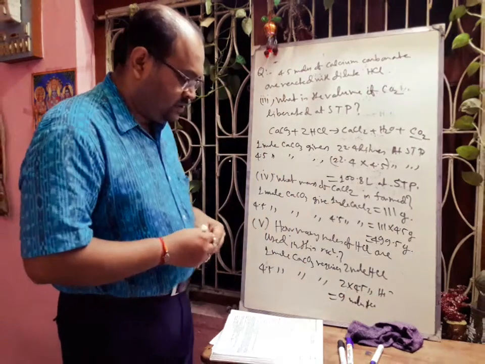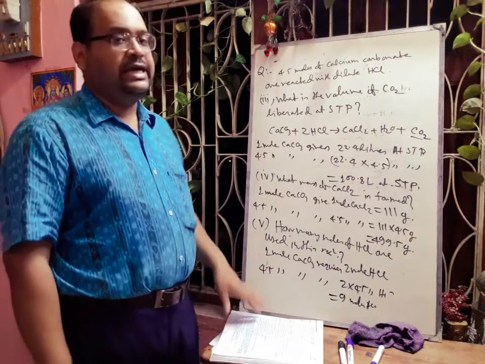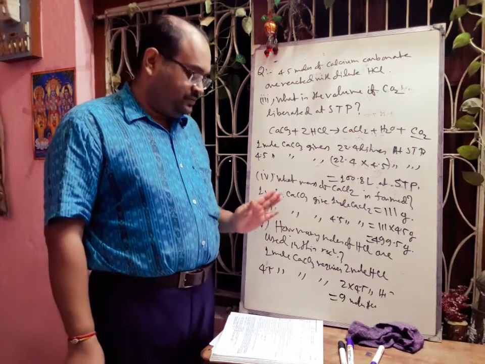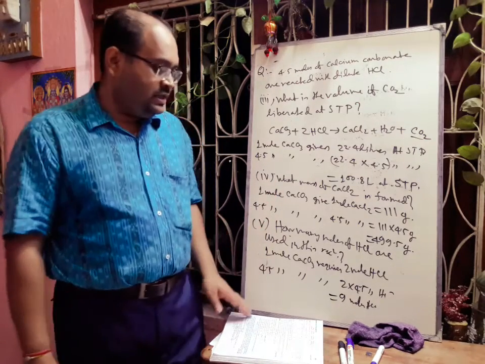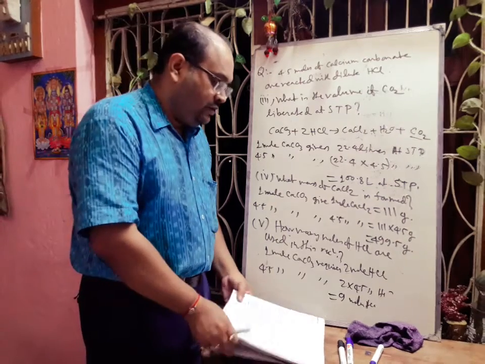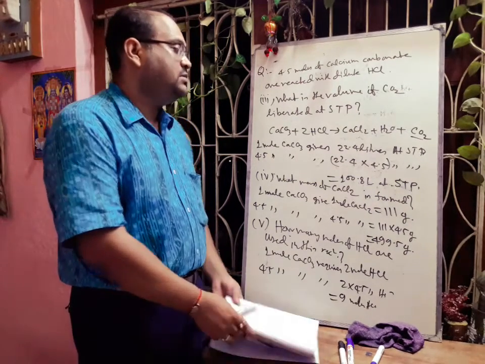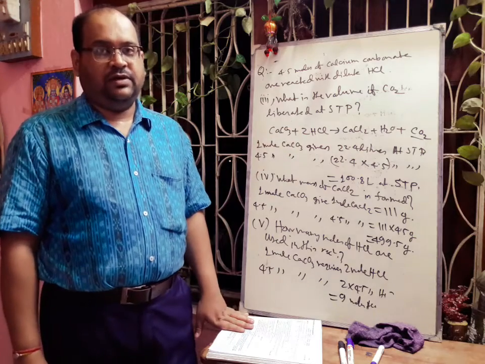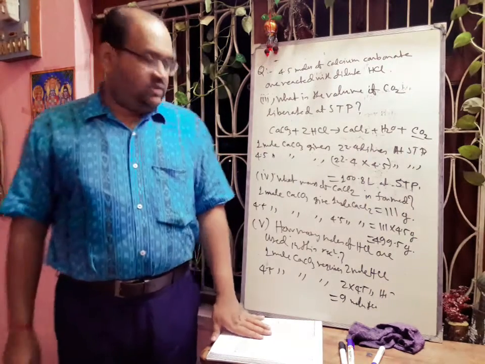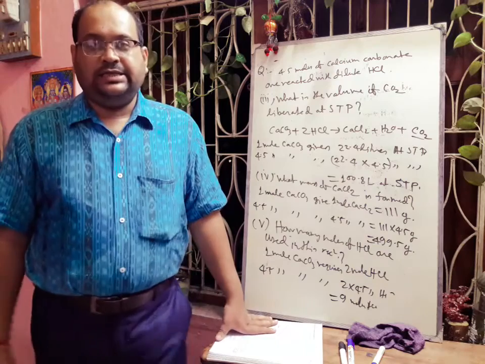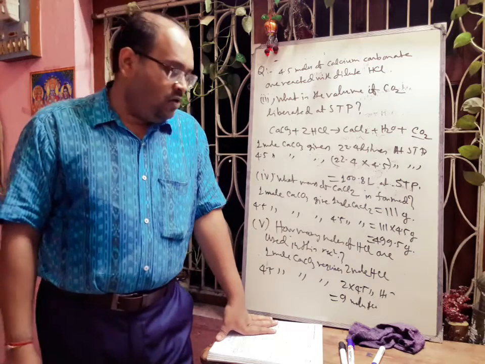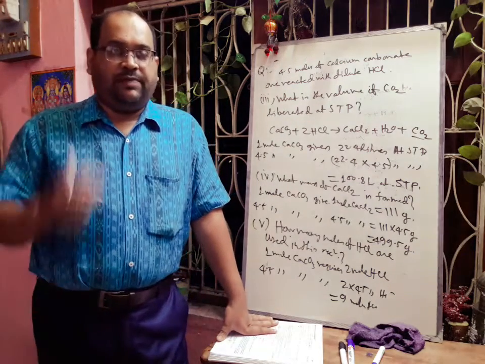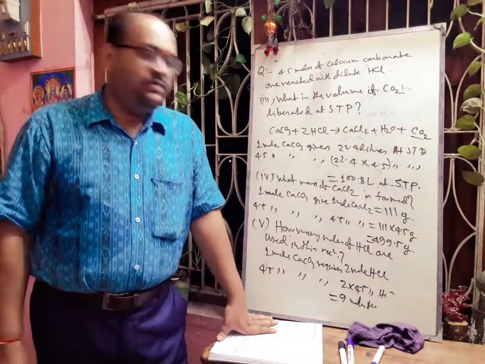Okay. So in this way we can easily calculate the questions asked, these chemical equation based problems, if we write the balanced equation properly. So from here we can easily understand how the problems from this chapter will be solved.